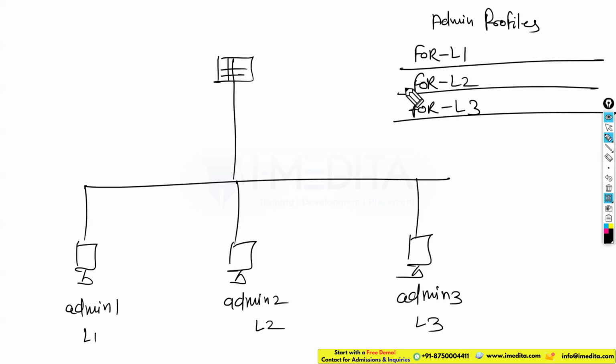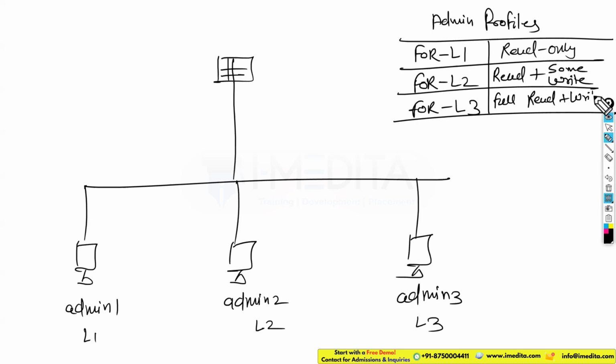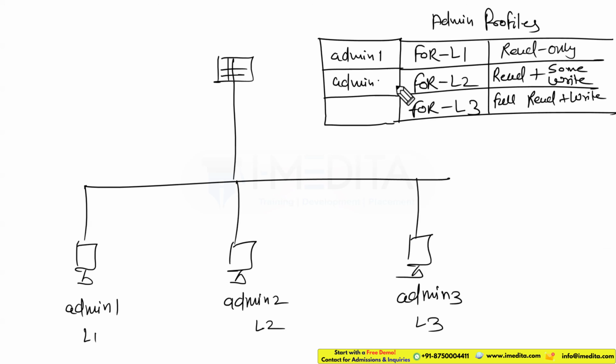Then we will give rights: L1 can only read. L1 users can only read the configuration. L2 gets read plus some write permissions. L3 gets full read and write. These profiles we will associate with admins like admin 1, admin 2, admin 3. Now, when a level 1 admin accesses the firewall, this user can only read the configuration, not more than this.